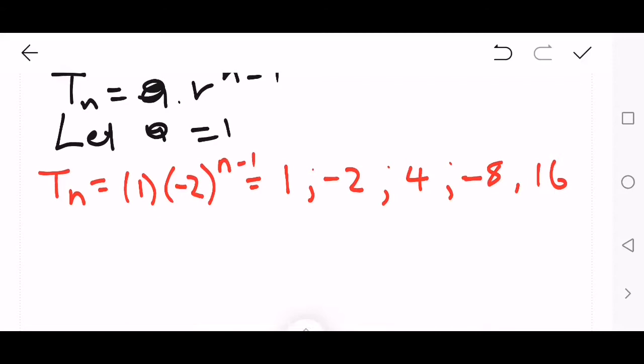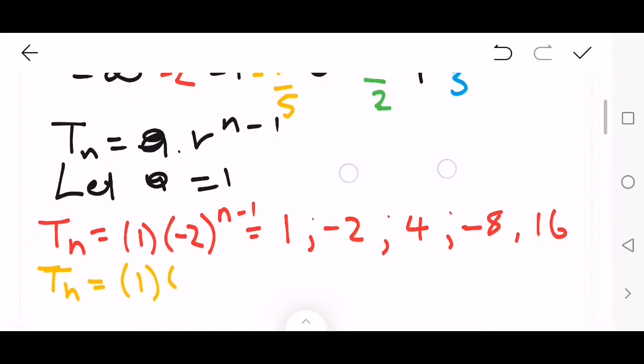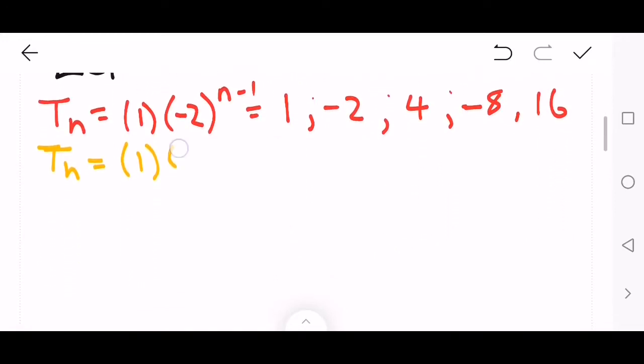For the second constant ratio, we have Tn equals A, which is 1, and our constant ratio is minus 1 over 5, to the n minus 1.